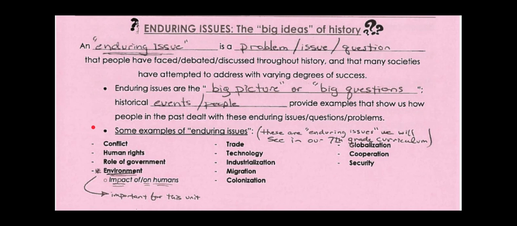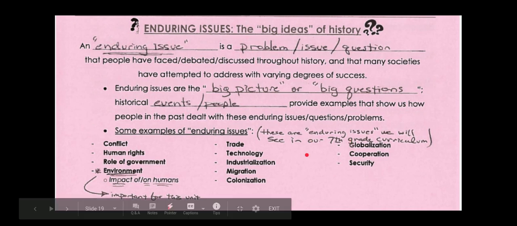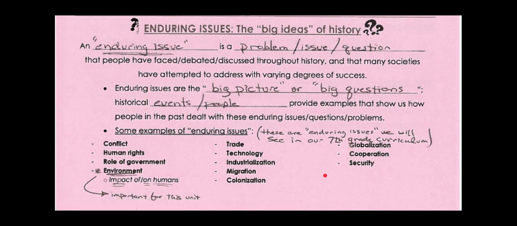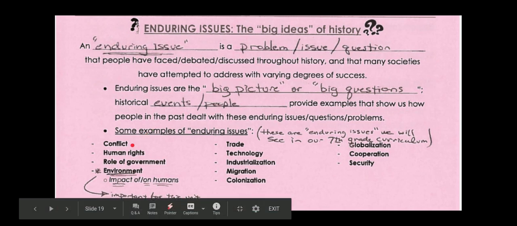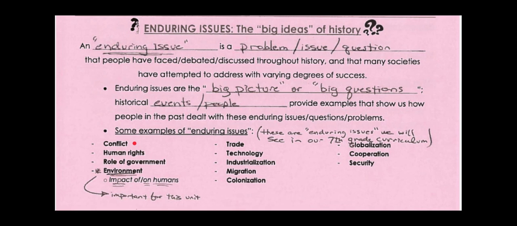Examples of enduring issues, and these are some enduring issues. There are thousands we could list. New York State listed hundreds and hundreds of them that they accept in their high school essays. We're narrowing it down. These are ones that we will deal with in 7th grade. Conflict. You probably know what conflict is. Conflict is when you don't get along with someone. It could lead to wars, could lead to violence, could lead to debates.